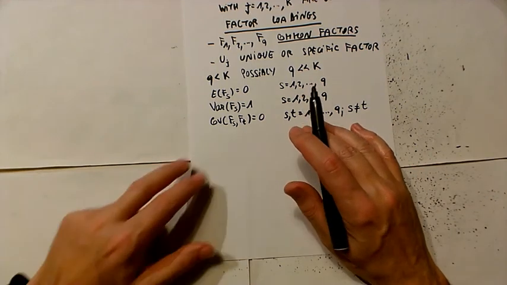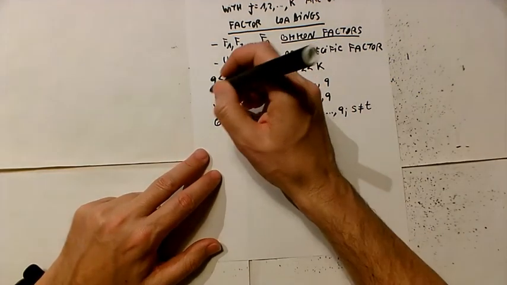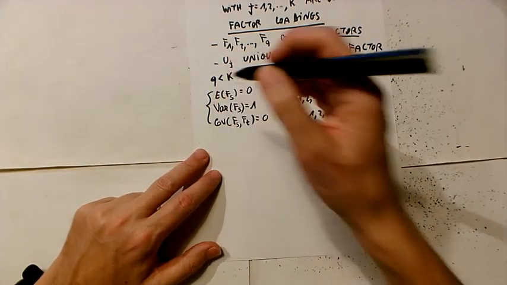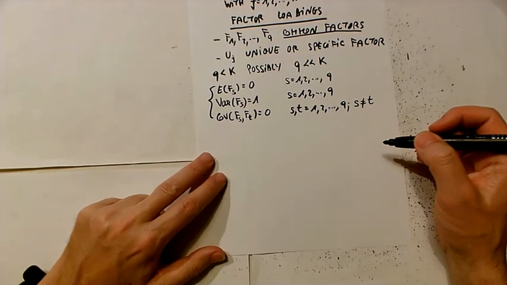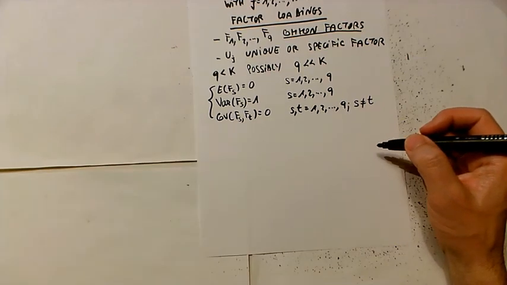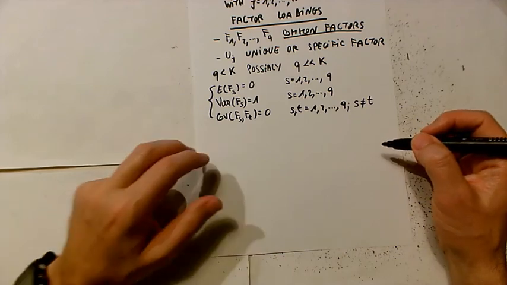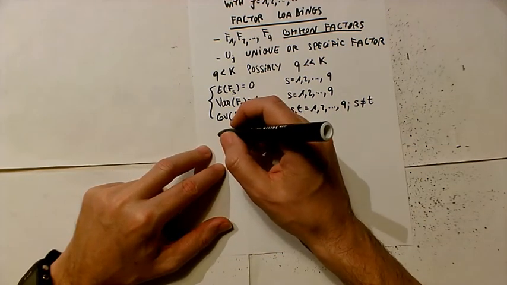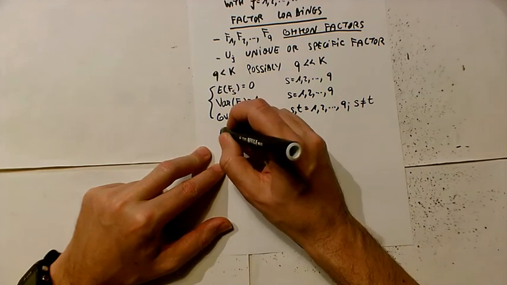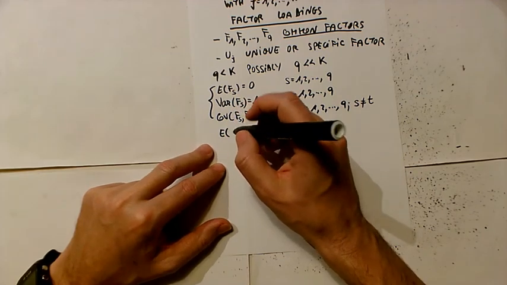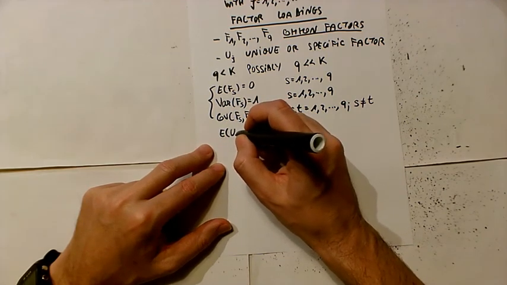Other aspects of the variables of the model. So these properties characterize the factors. Other properties are that the unique factor must be also a variable with mean equal to 0.